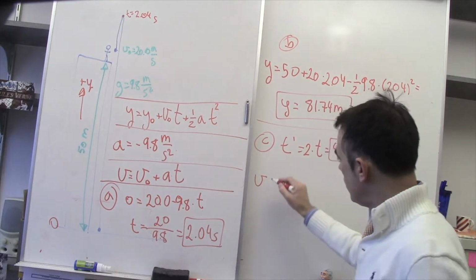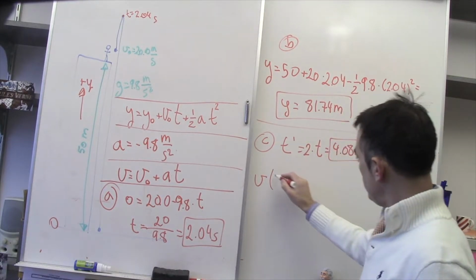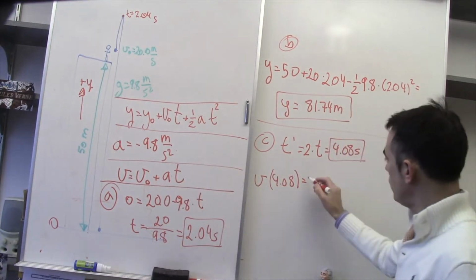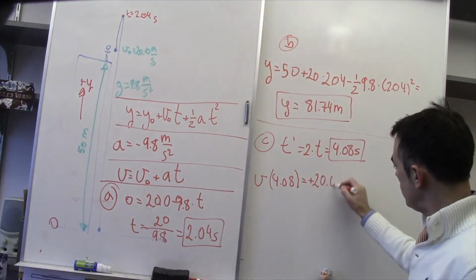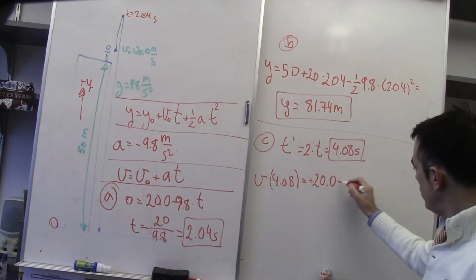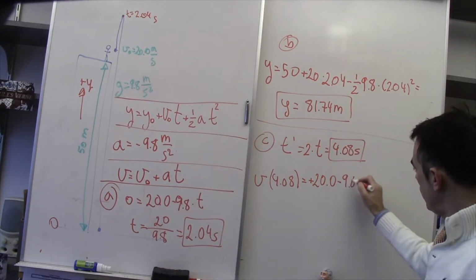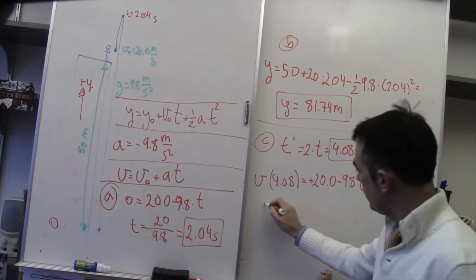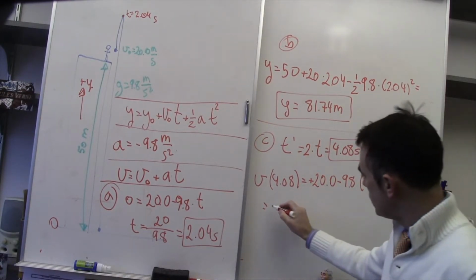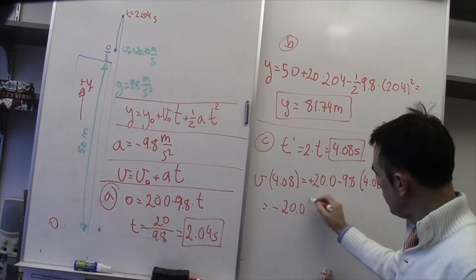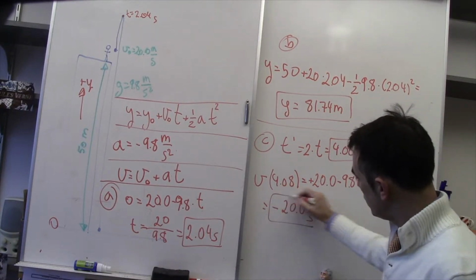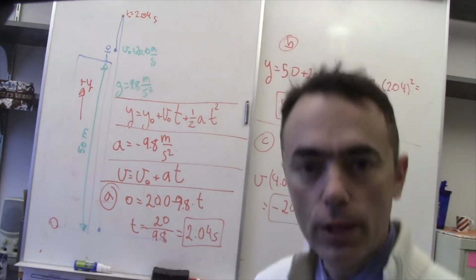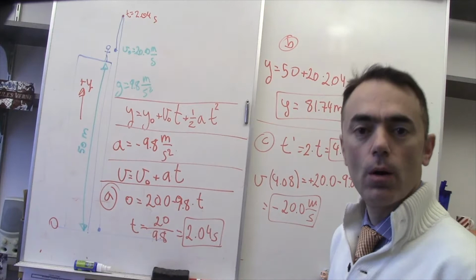The velocity at time 4.08 is the initial velocity, plus 20, plus gravity, minus 9.8, times 4.08. If you use the calculator, you will find that this is minus 20 meters per second. It's negative because it's going downwards, compared with initially going upwards, which was positive velocity.